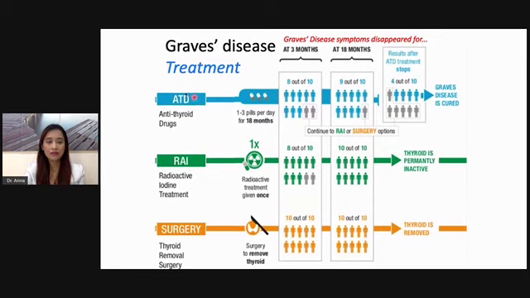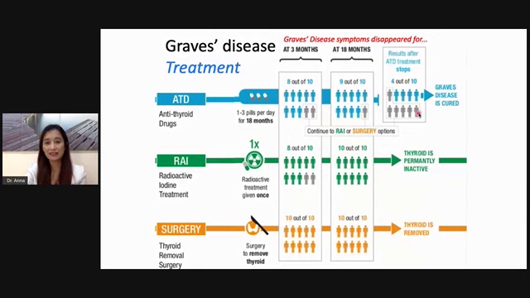If you give anti-thyroid drugs, usually we give 1 to 3 pills per day, usually in the form of methimazole or PTU, for at least 18 months. No, at least 18 months. Usually at the end of 18 months, 9 out of 10 will have no symptoms anymore. No, however, if we stop the ATD, only 4 of them will actually go into remission.